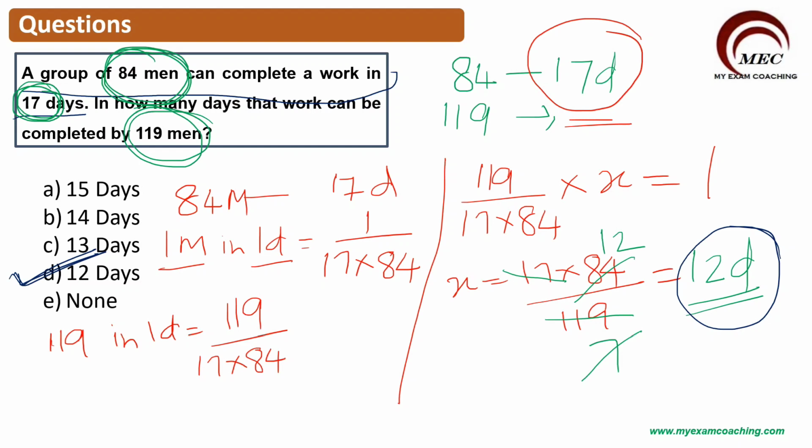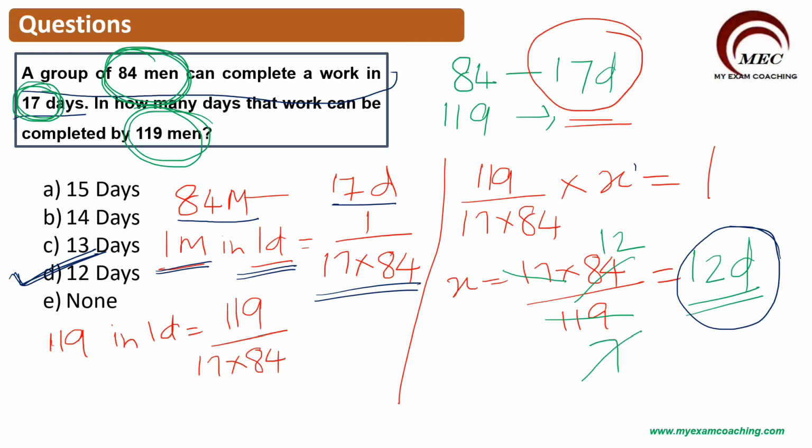So understand this concept very clearly. 84 men can complete the work in 17 days. That means one man in 1 day, 1 by 17 into 84. So 119 men in 1 day, 119 divided by 17 into 84. Now how many days will they take to complete the work?